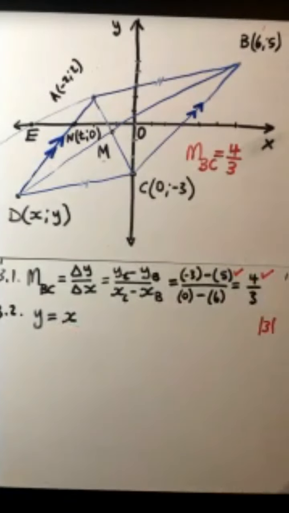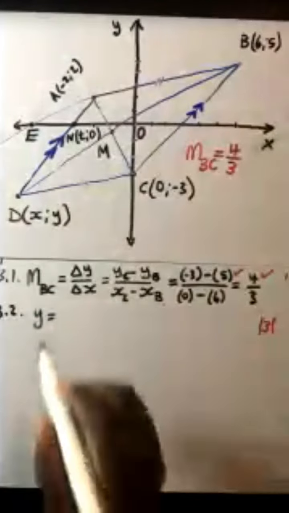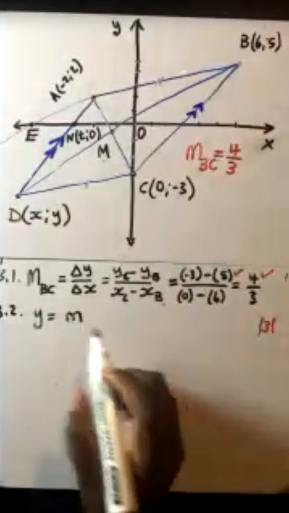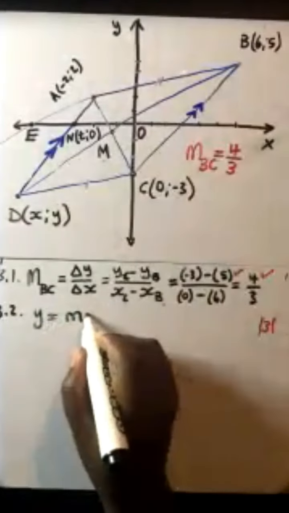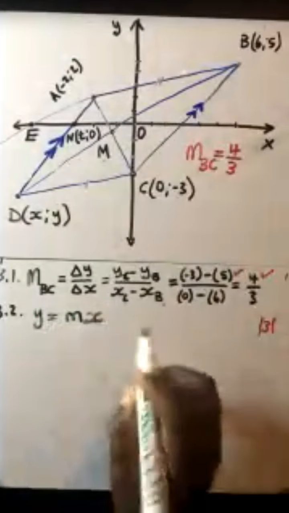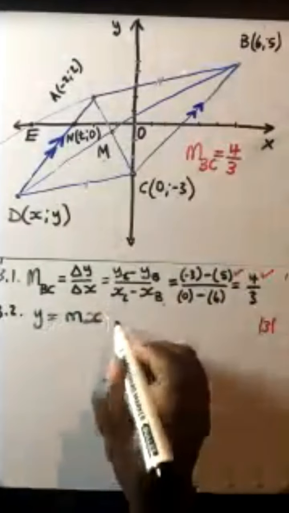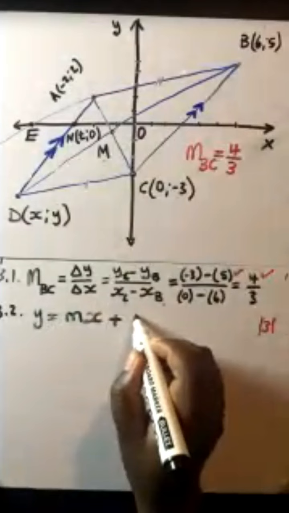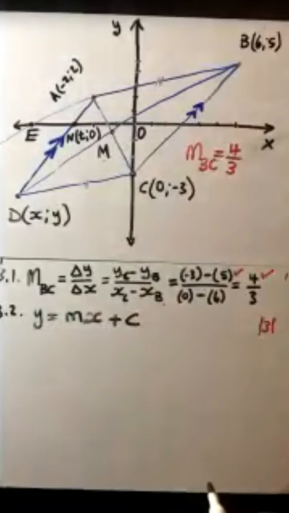So let me just say it's equals to m, which refers to the gradient, x, which is the x coordinate, plus c, which is the y intercept.